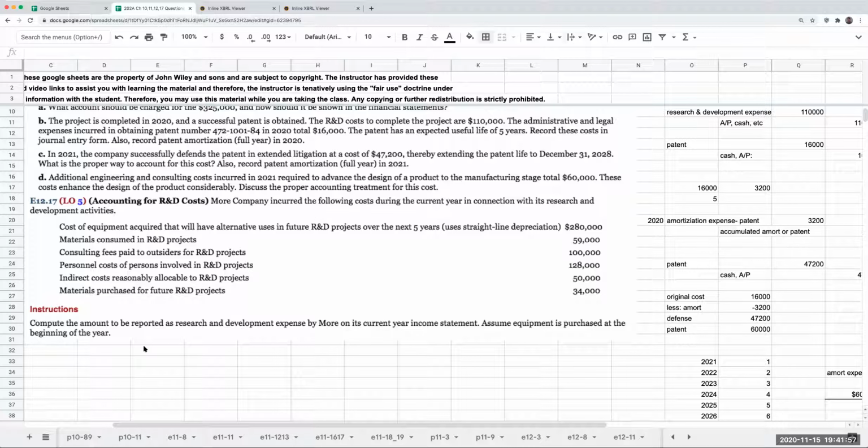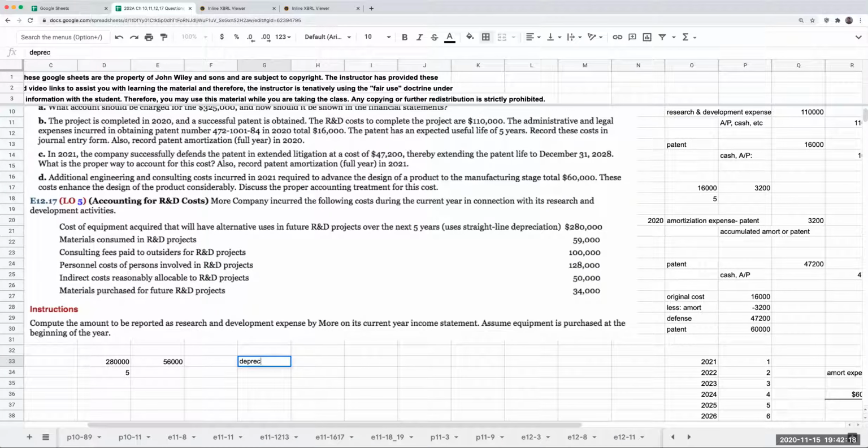So with this one, it's equipment, but because that equipment is being used for R&D, we're going to record the depreciation expense as part of R&D. If we're using straight line, it's 56,000.